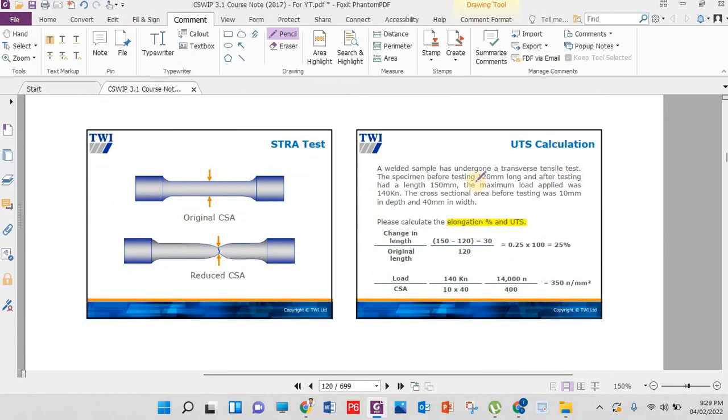Almost the same formulas, and he also gave you the formulas here. The first one is the elongation, change in length over original length. Change in length 150 minus 120 is 30, over original 120, multiplied by 100%. Then he also gave you the ultimate tensile strength formula, load over cross-sectional area, same.